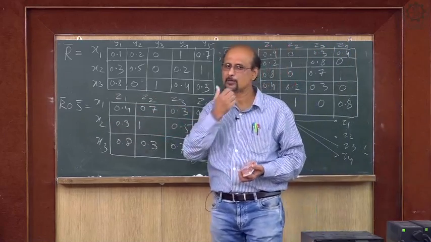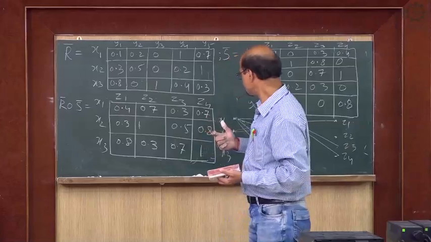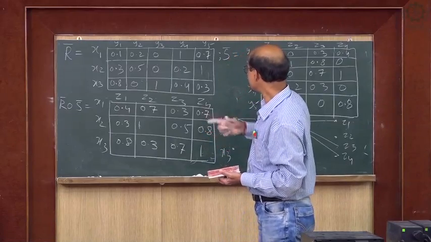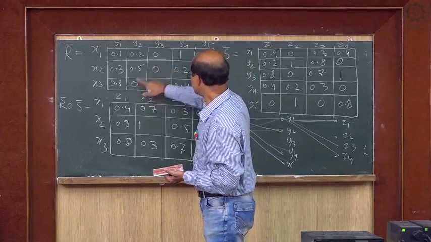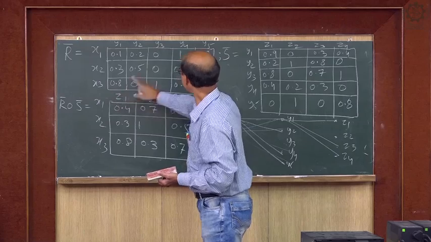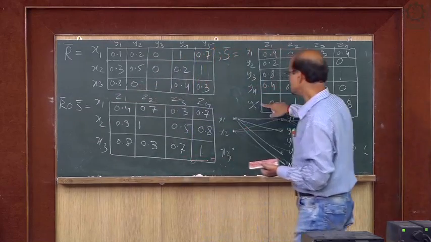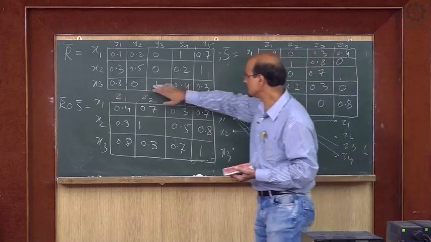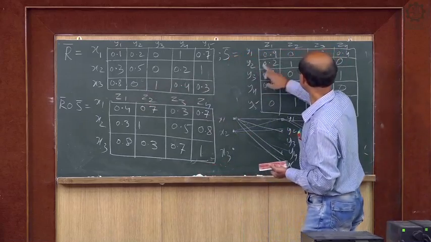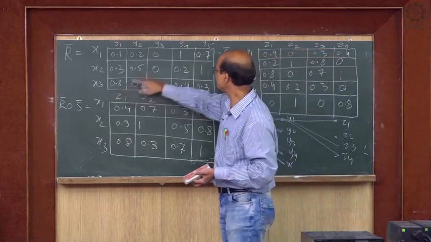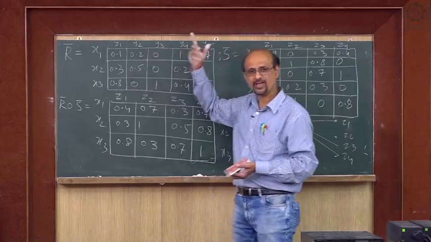So, there is no relation between X3 and Y2. How do you get relation between X3 and Z1? See, because we do not have X3 and Y2, but you may have, na?